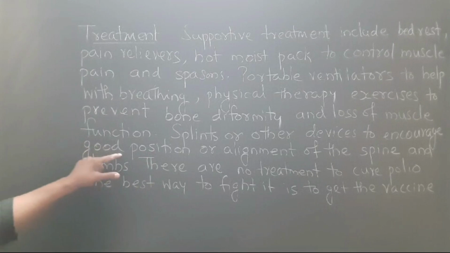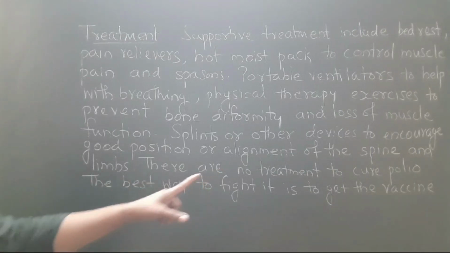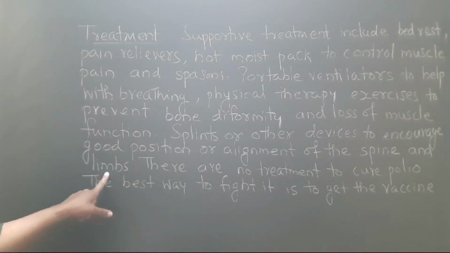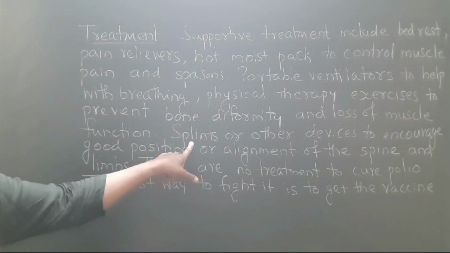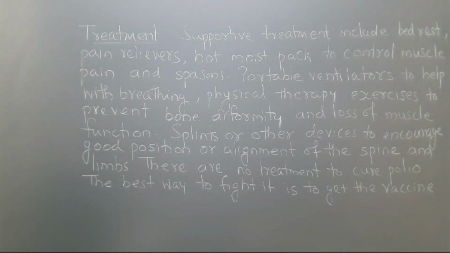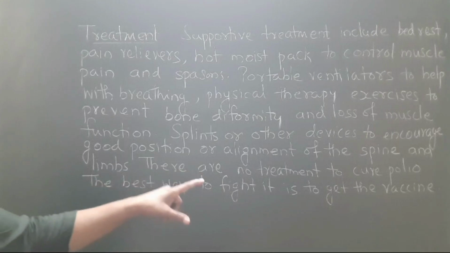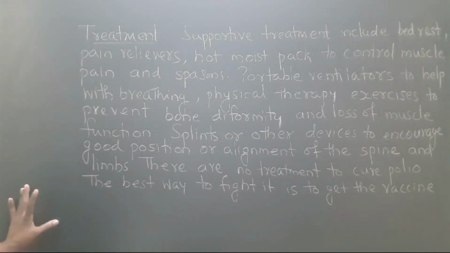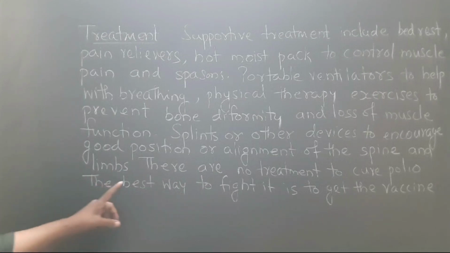To encourage good alignment to be kept for the spine and limbs. So they need splint support or other devices which help them to keep their position in good alignment. There is no treatment to cure this polio disease. So what is the best way to fight it? To get the vaccine.